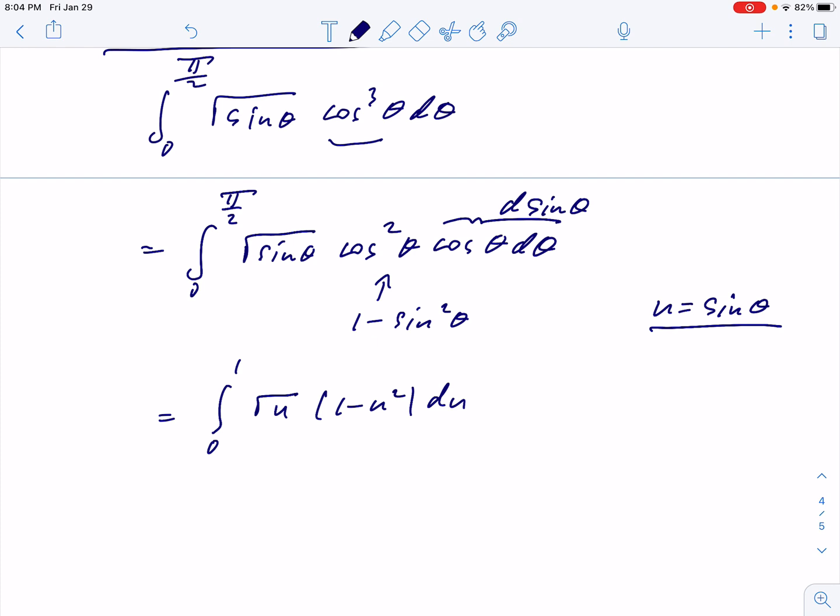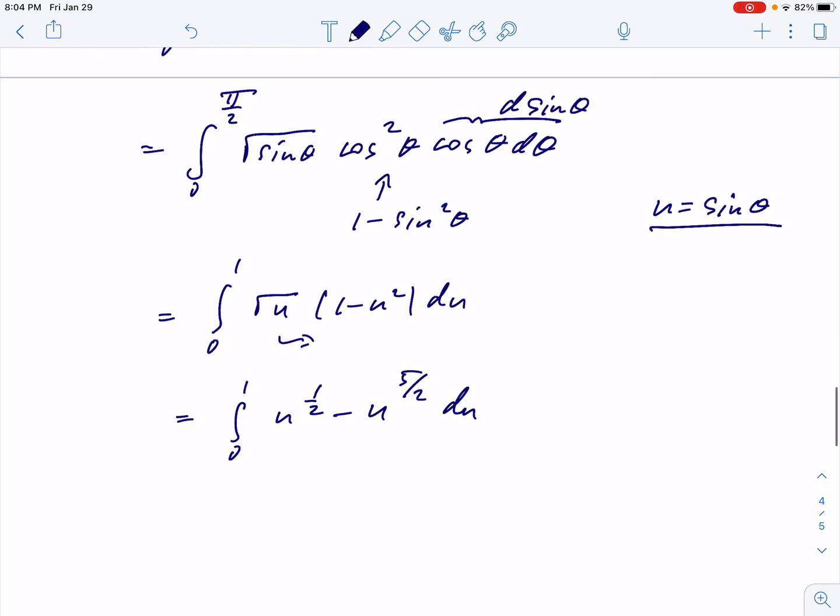How to solve this? We distribute root of u. And at the same time, I shall switch to fractional powers. Instead of root of u, I shall write u to the 1/2. So when you multiply, you get u^(1/2) minus u^(1/2 + 2), that's 5/2, du.